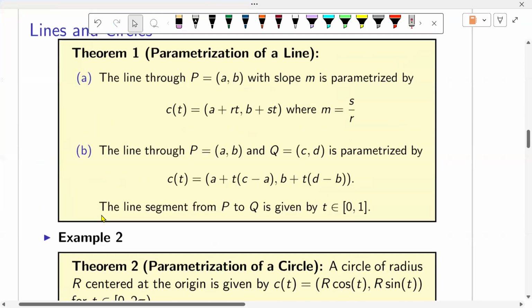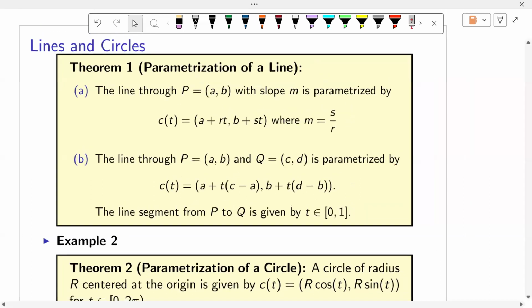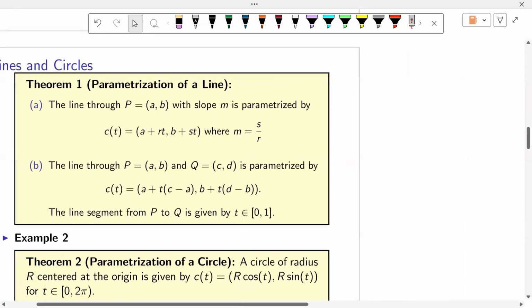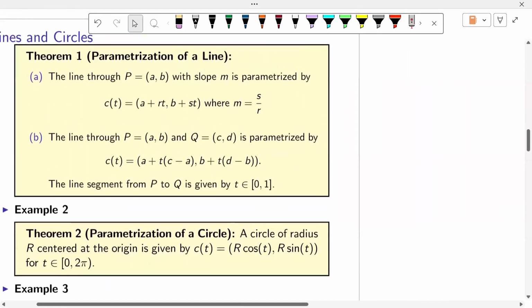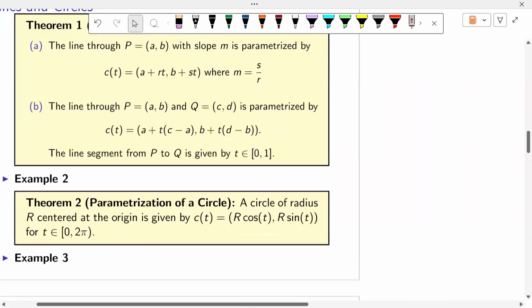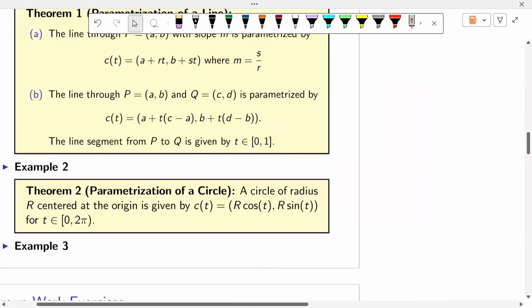Now, one of the things we need to be able to do is figure out parametric equations for things we want to be able to parameterize, right? That's a pretty basic task. How do you parameterize things? And so to do that, we're going to go through a few common parameterizations. These show up all the time in applications.